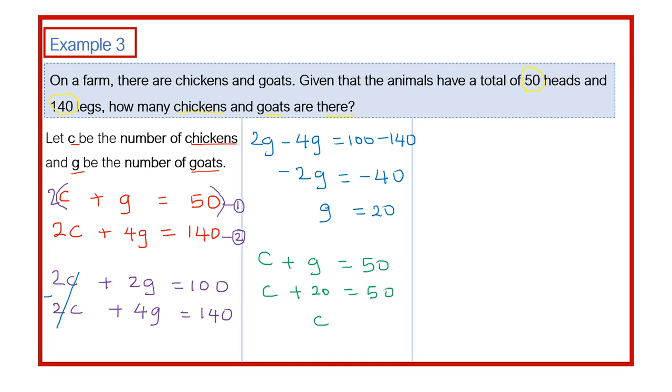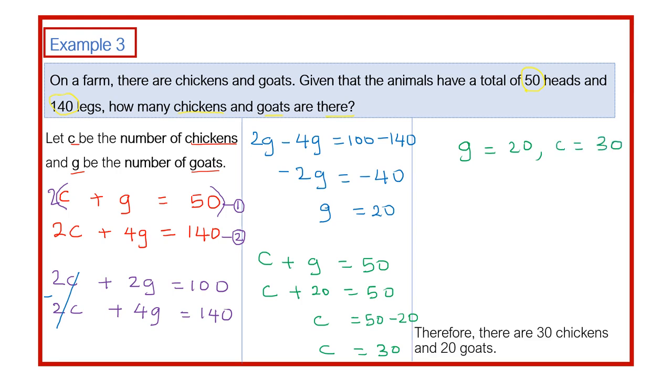So C is 50 minus 20, and C is equal to 30. So we can see that G is 20, C is 30, which means that there are 30 chickens and 20 goats.